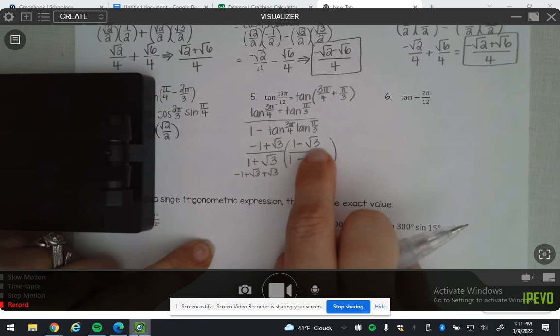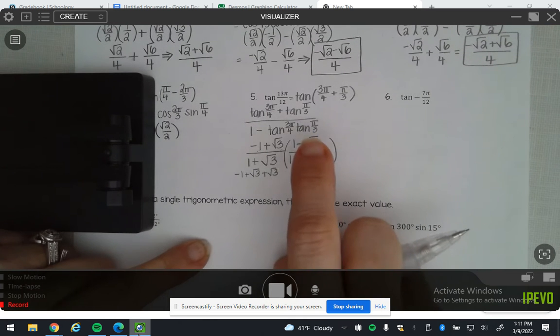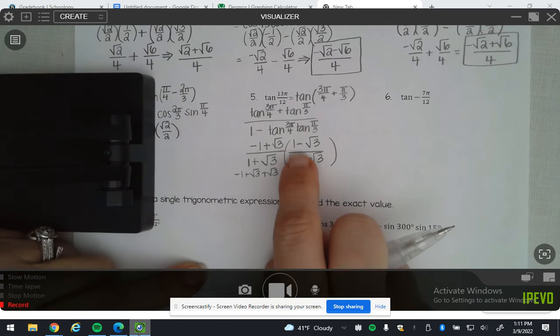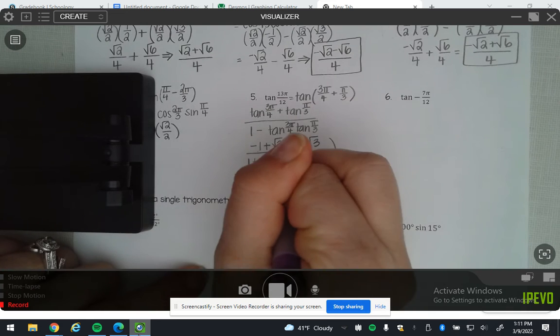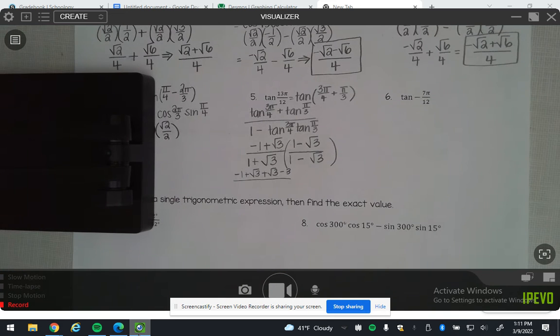Radical 3 times negative radical 3. Think of it this way. The radicals cancel, yes? But one of these is positive and one of them is negative. So this becomes a negative 3. Divided by. When you multiply by the conjugate, your middle term should do what? Cancel. That's how you get rid of the radical in the denominator.